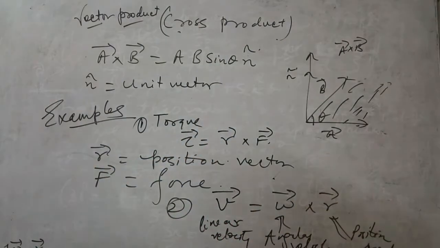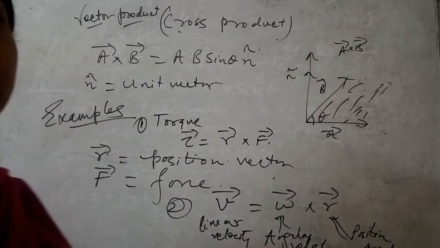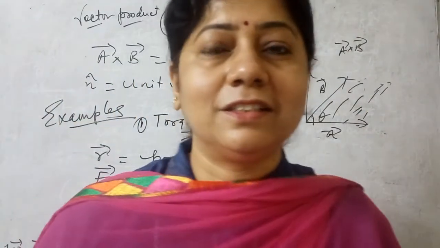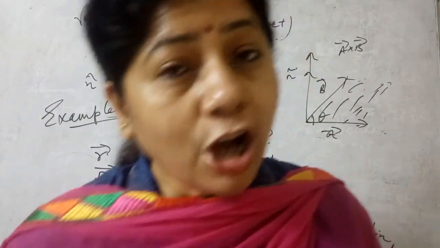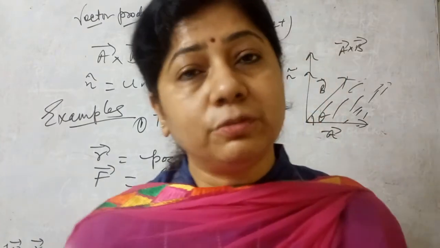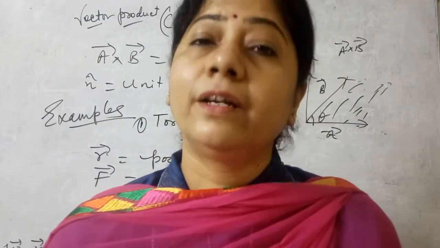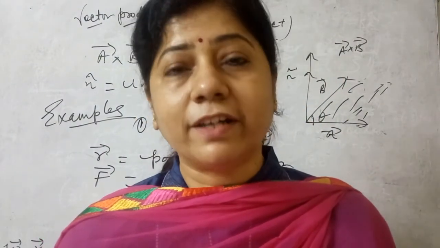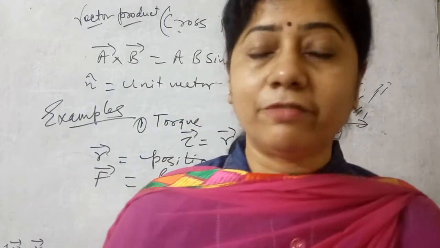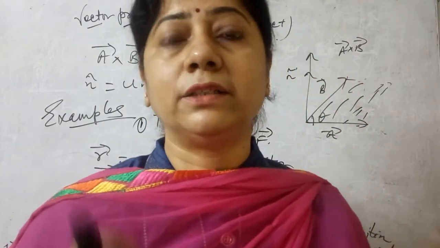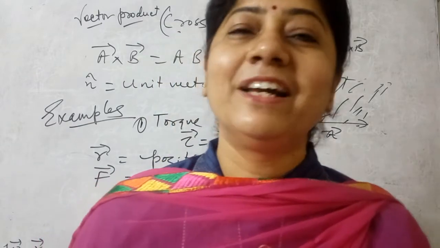This is an example of the cross product. Tau vector has not only magnitude, but also direction. In the same way, the linear velocity v vector equals omega vector cross r vector, and it is associated with some direction.